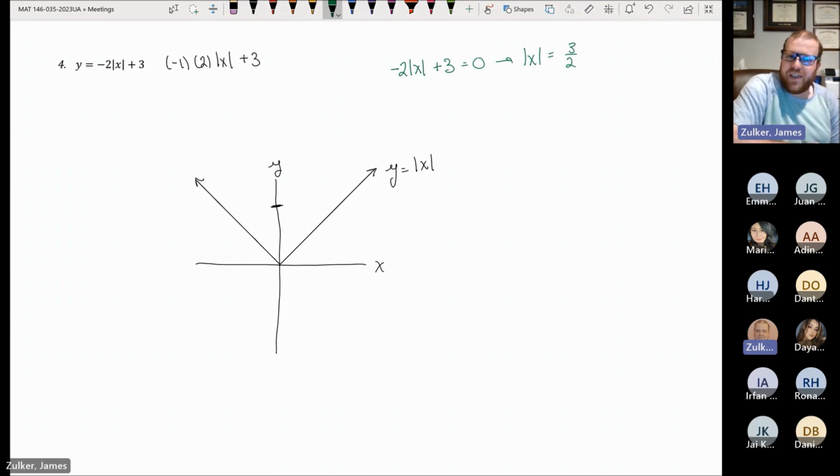So absolute value of x would be 3 halves, right? So we're going to go positive 3 halves and negative 3 halves at the x-axis. Let's say that's 1, let's say that's 2. So it's going to cross the x-axis at those 2 points. And then the vertex is here.